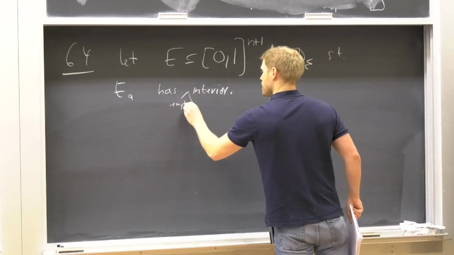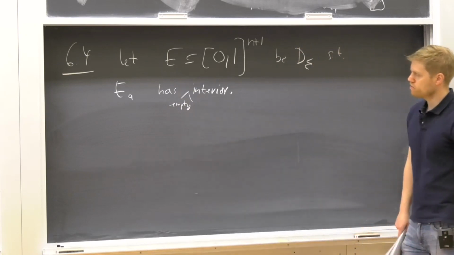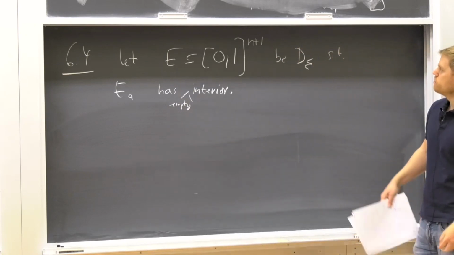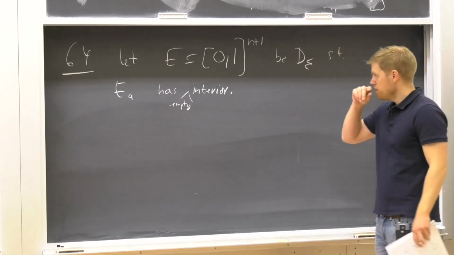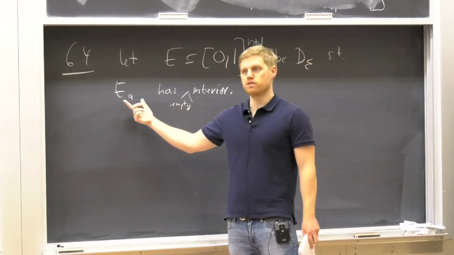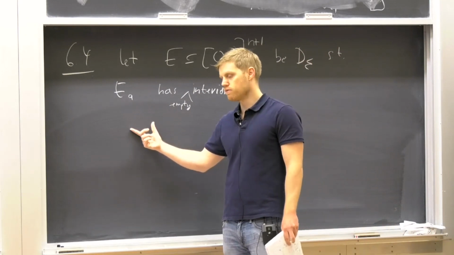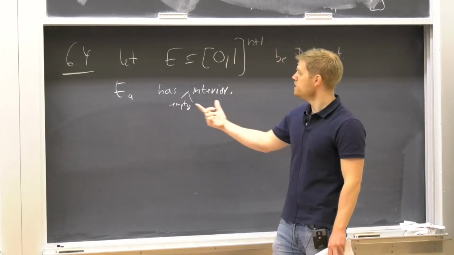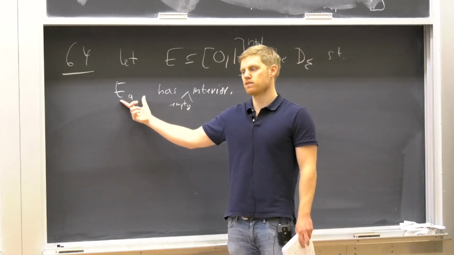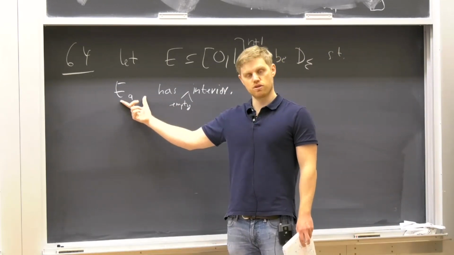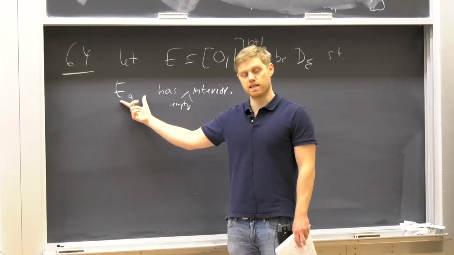What I showed last week was that there's some kind of uniformity. You can find an epsilon such that each of these E_a is disjoint from an interval of length at least epsilon.